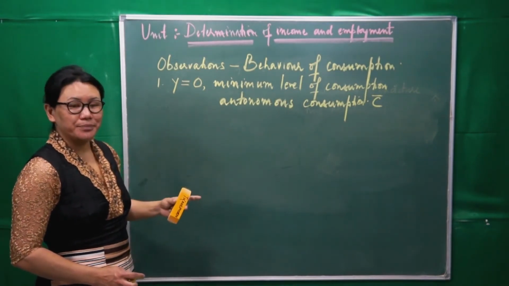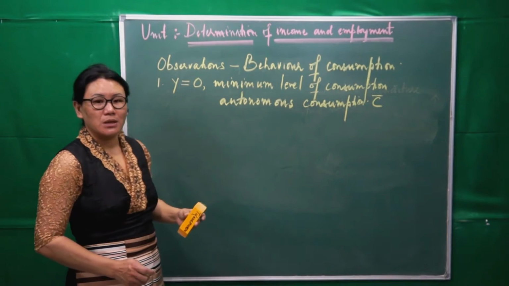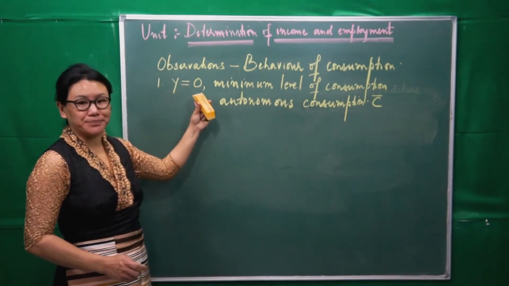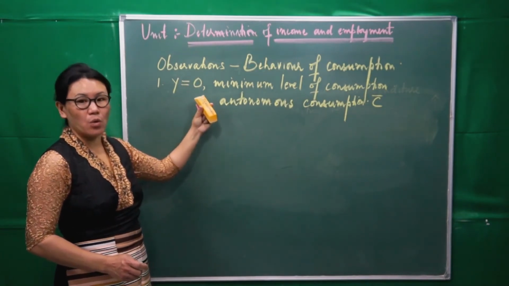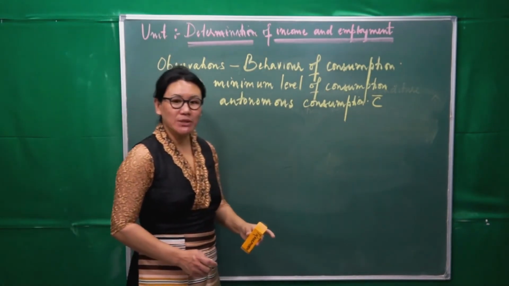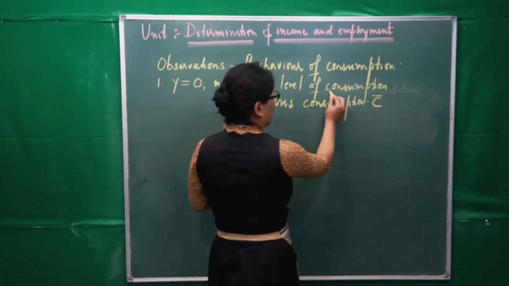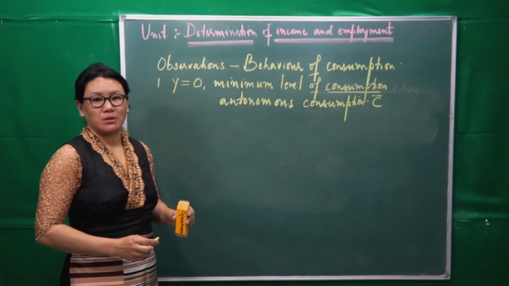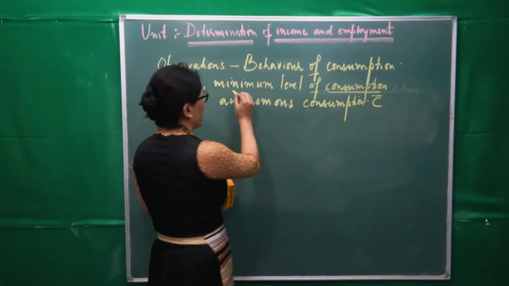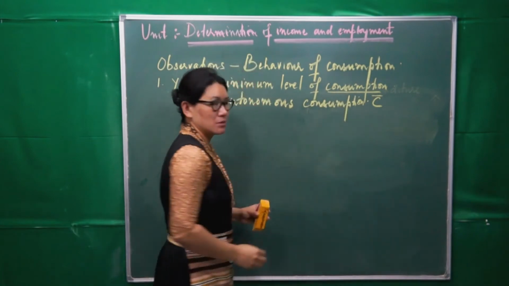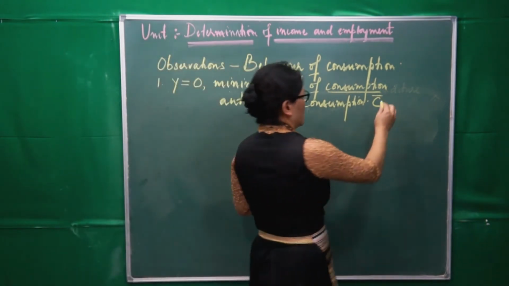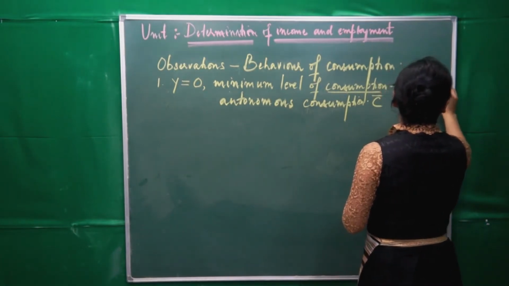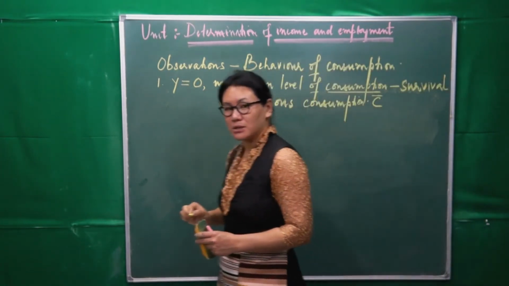It says that, suppose people have no income, income is 0, then what they will do is, they will go for minimum consumption. Why? This is done for survival.